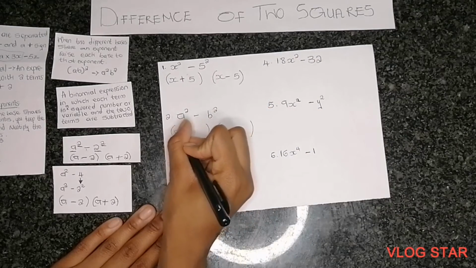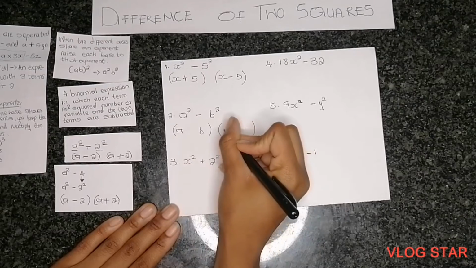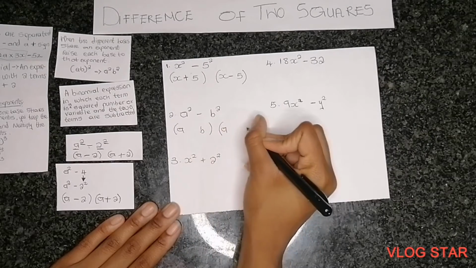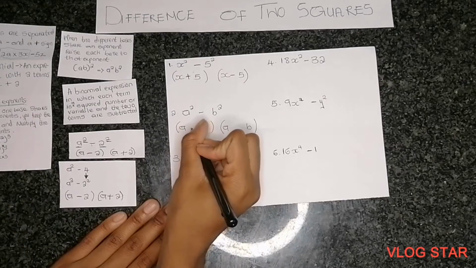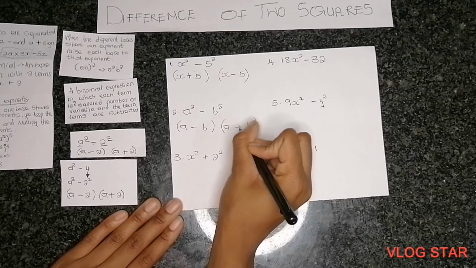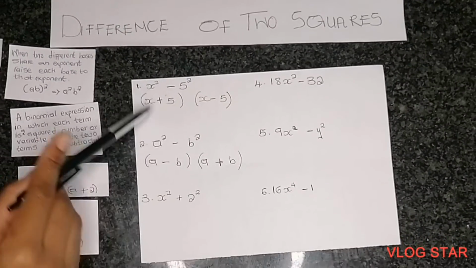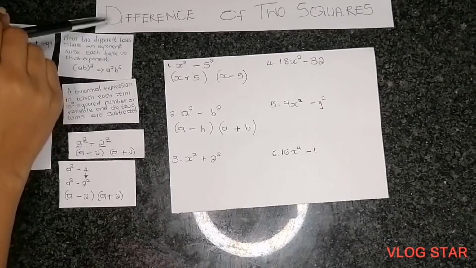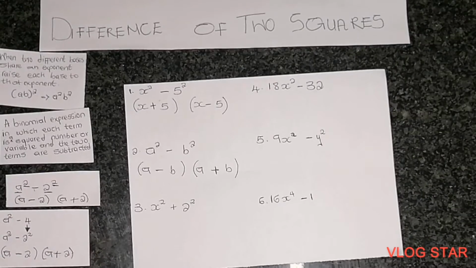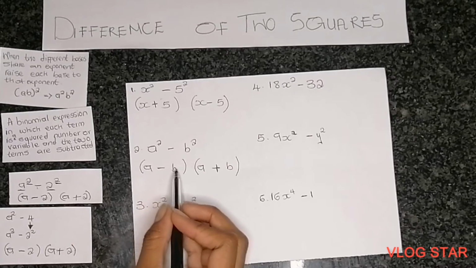We put down our terms without the exponents, and then we put opposite signs in the brackets, a minus sign and a positive sign. So as you can see, we have factorized using the method of difference of two squares. I really hope you understand.